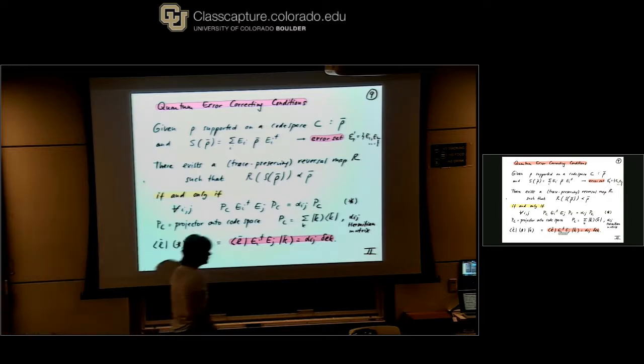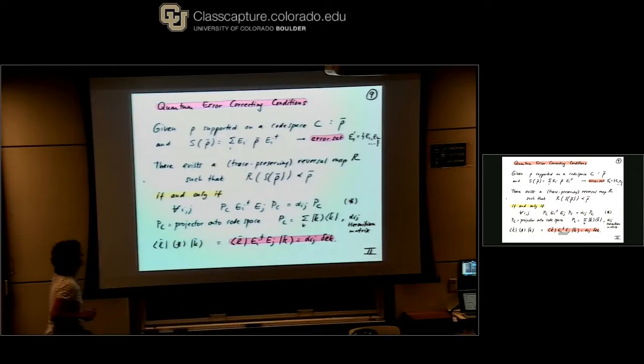Okay, so now what I'd like to show on the board, after one more exercise step, is one direction of this condition, meaning that if such a thing is true, what does the reversal look like? The other direction is that if there is a reversal, then such a thing must be true.